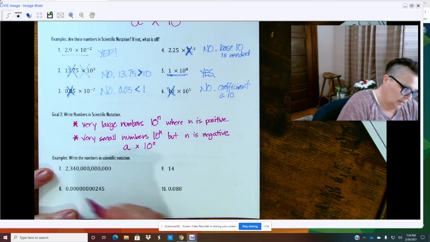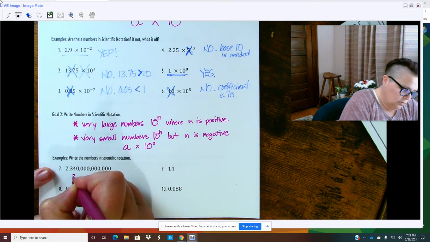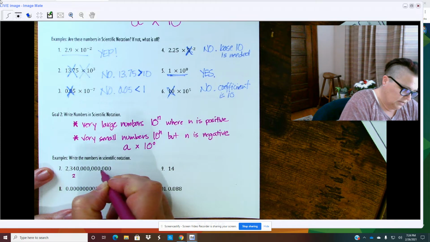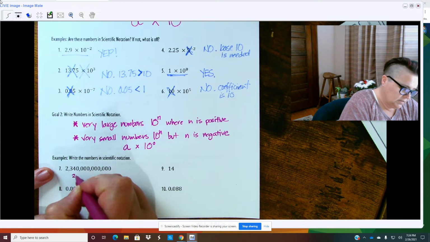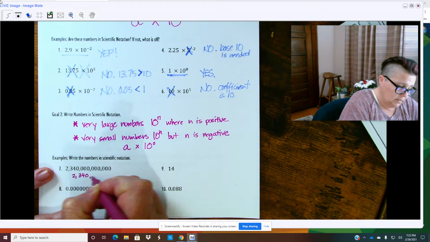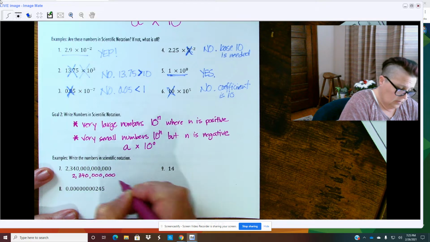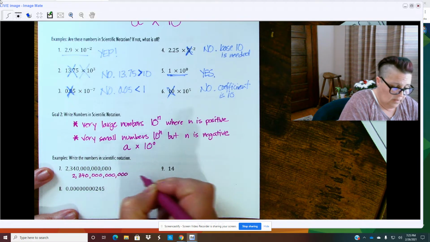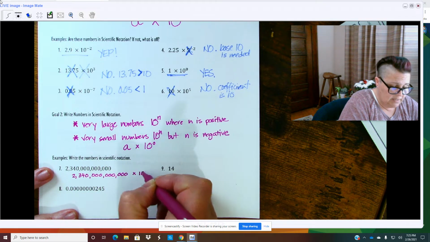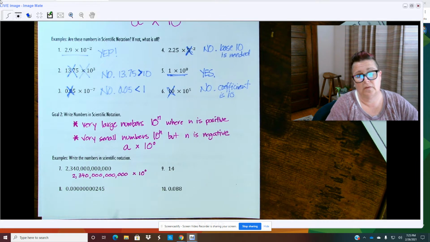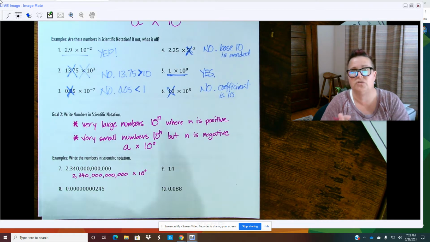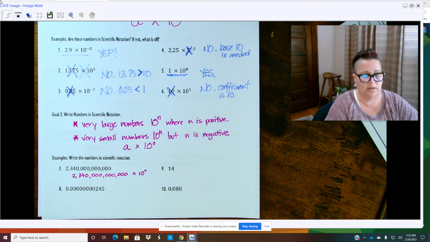Well, here I have 2,000, or what is that? Hundreds, thousands, millions, billions. I have 2,340,000,000,000. I'm going to write that as times 10 to the 0. Okay? Because times 10 to the 0 is just 1. That's all that is, 1.